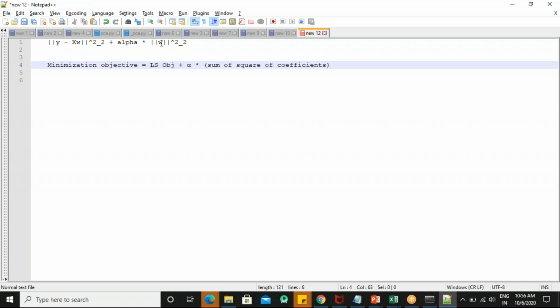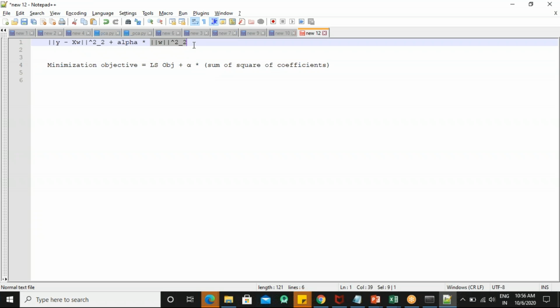But if you have more than one weight or more than one feature, it will become the sum of the square of coefficients. So you have to just say W1 plus W2 plus W3 like that. Sum only comes into the picture if you have more than one variable.